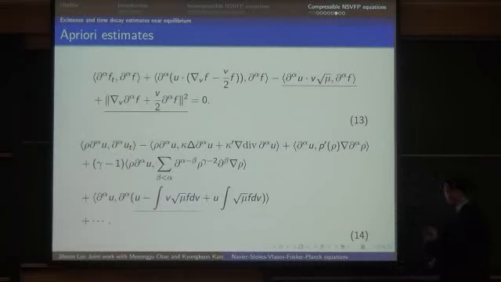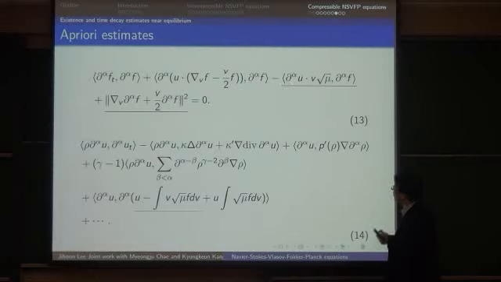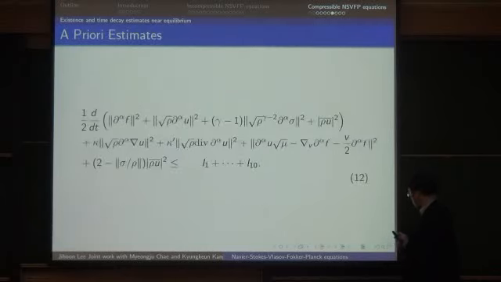For the other a priori estimates, if we consider these equations, we have these two, and if we consider these three. If we add these things, in the left-hand side we have this one.